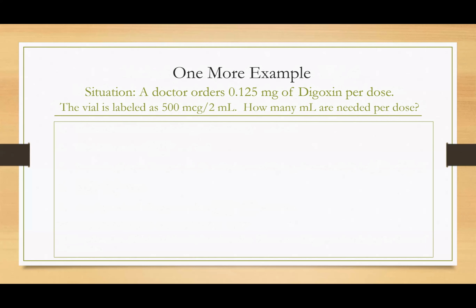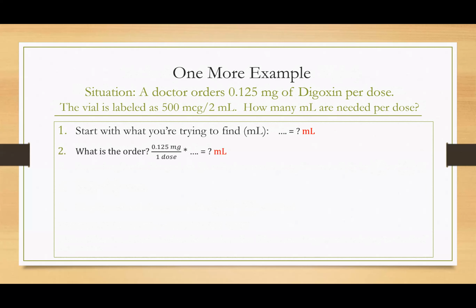Starting with what we're trying to find. We're trying to find the number of milliliters. The order that we're given is 0.125 milligrams per 1 dose. And we need to determine what we need to multiply by in order to cancel our milligrams and end up with milliliters.